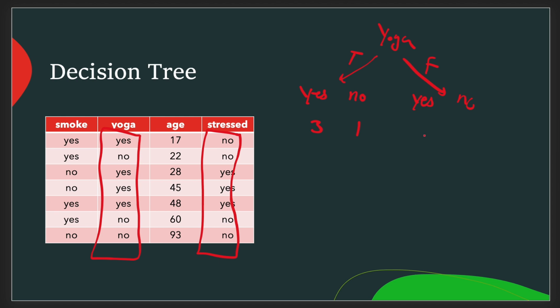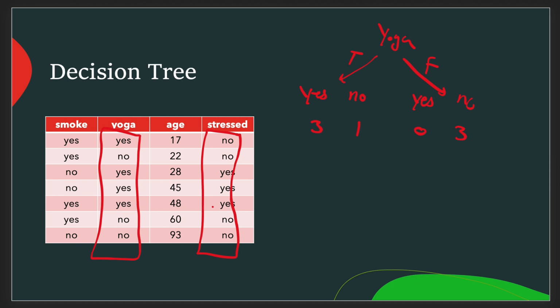And then if they don't do yoga, are they stressed? No, 0 goes here, and then 3 goes here, right? You can look at this. So 3 people do not do yoga, and all 3 are not stressed. Well, this may not be the best example because apparently if you don't do yoga, you're not stressed. So you want to stop doing that. Anyway, back to the calculation.